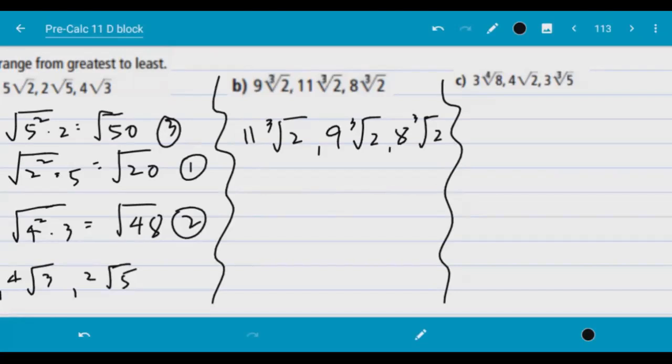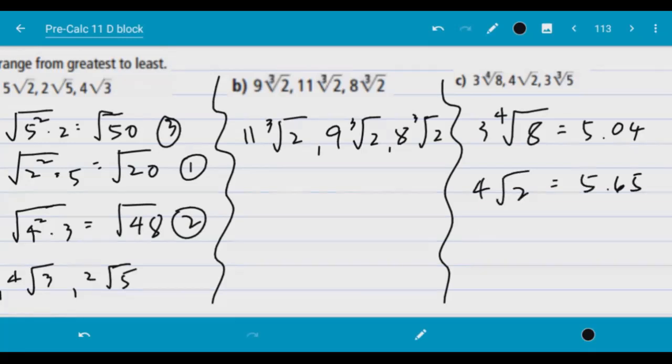All right. So if you were to use the calculator, you will see that this one would be about 5.04 for root of 2. And this one would be about 5.65. Well, 3 cube root of 5 would be about 5.12.